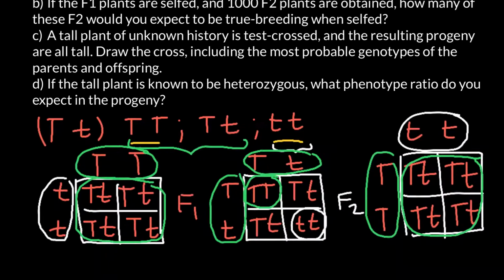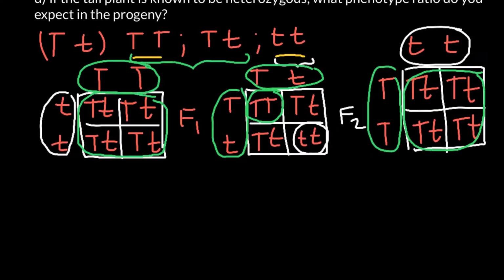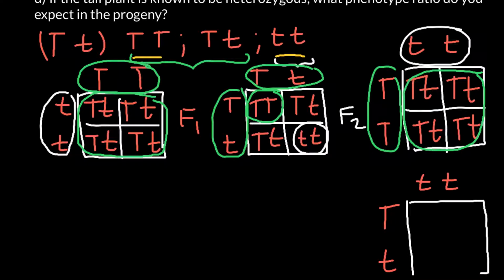Let's do another test cross. We take one plant with known genotype, a small plant, homozygous recessive, and now let's assume the other plant is heterozygous. How is this going to affect phenotypes and genotypes in the next generation?